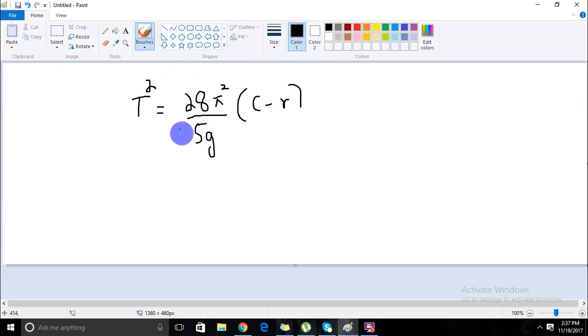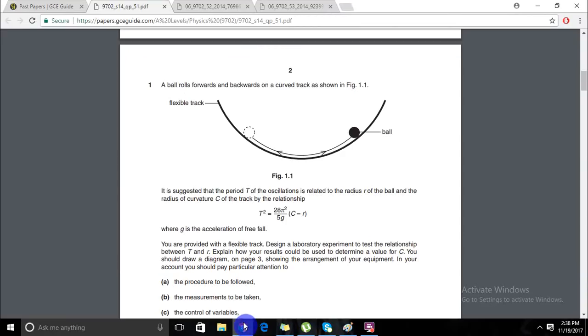And since all of this is constant, we may represent this as T squared is equal to k multiplied by (C minus r). Again, conjecture, thought process while you're reading through this question.